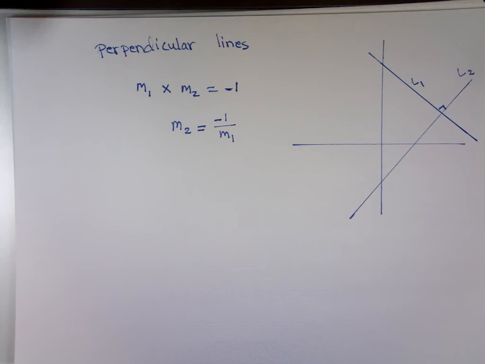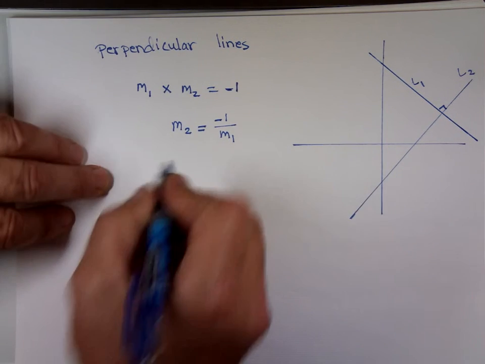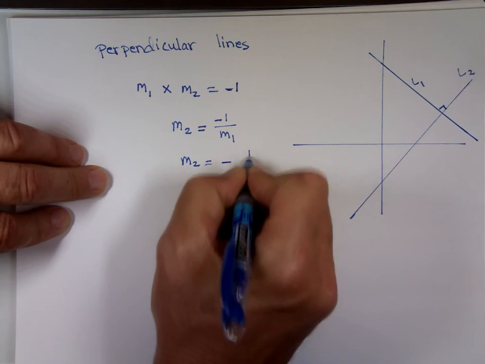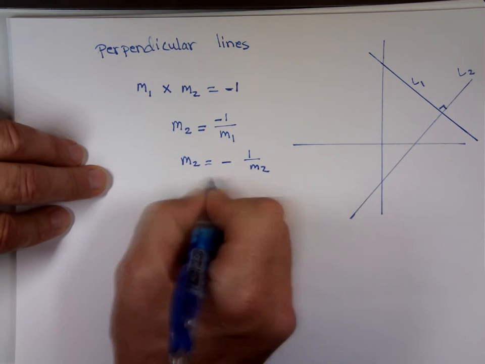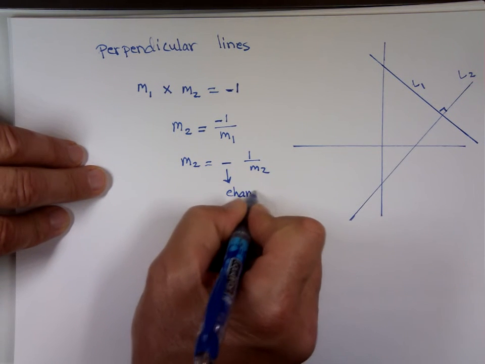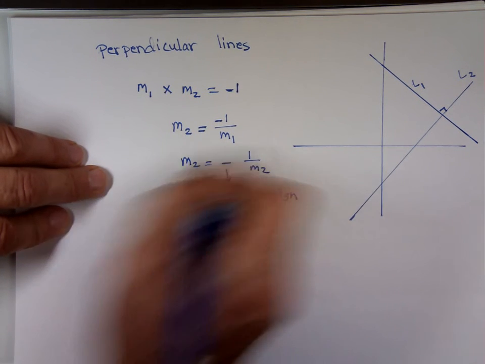What does that mean, -1 over? First, let me put the minus in the front. This one means change the sign. And this one means flip it.